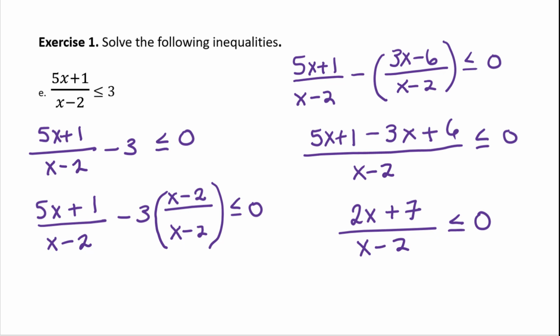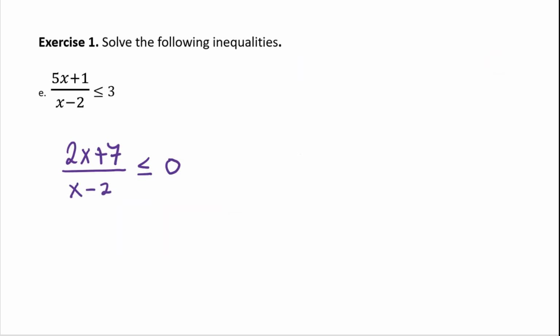Now we have an expression that we can put on a sign chart diagram to determine the solution intervals for which it's going to be equal to or less than 0. The numerator, 2x plus 7 equals 0 when, solving for x, x is equal to negative 7/2.